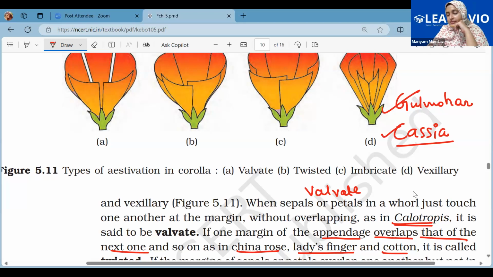which overlaps the two smaller lateral petals, called the wings.